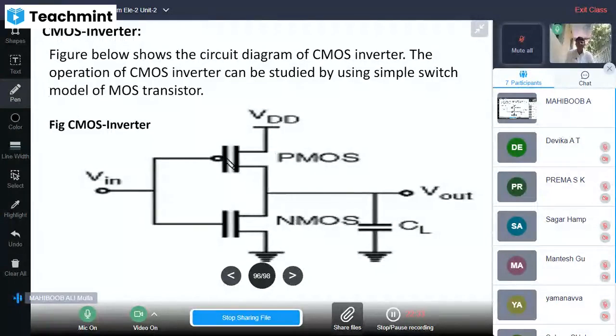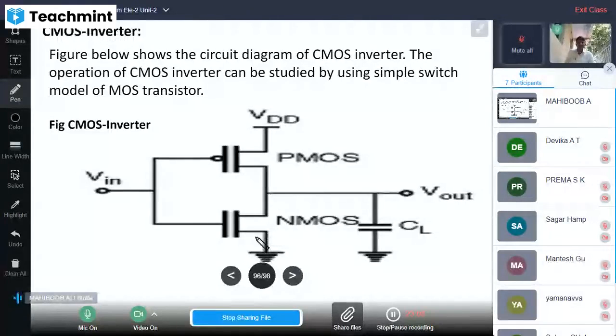So one conducts, the other never conducts, and vice versa. Accordingly, in the CMOS inverter, when Vin is 0, output is 1. When Vin is 1, output is 0, because the output is taken from two common terminals. One is grounded, another is connected to VDD.